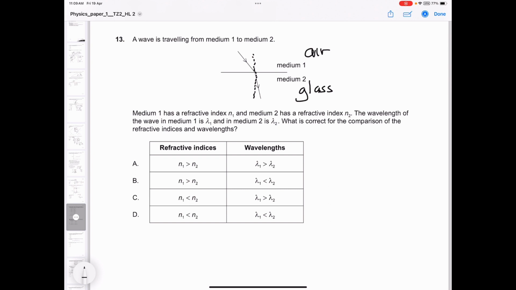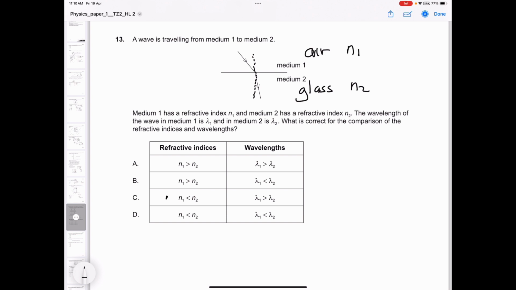So we know that the refractive index for air is less than the refractive index for glass. Therefore N2 must be bigger than N1.